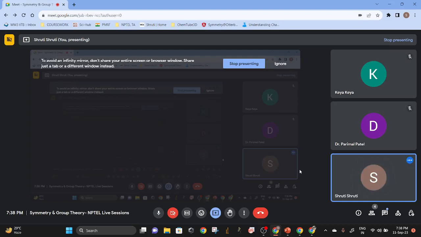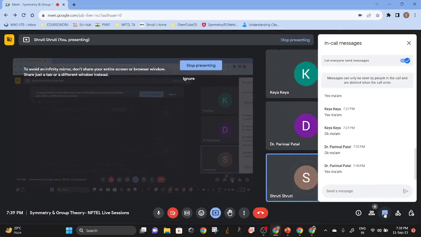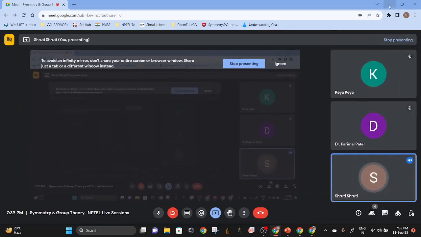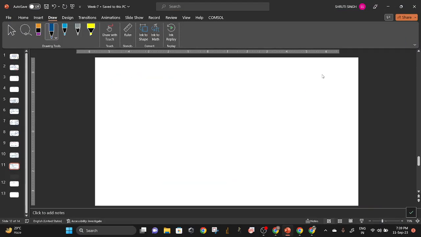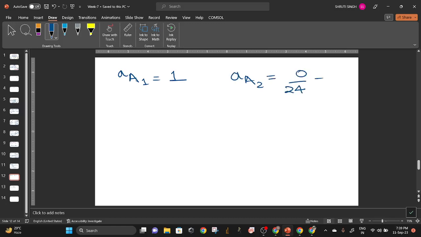Do it carefully, because there are many chances of making mistakes in this. I'll just write the final answers. For A1, which I just solved, I get 24 by 24, which is 1. For A2 you will get 0 by 24, so the answer will be 0.